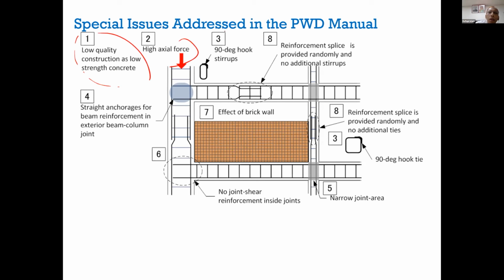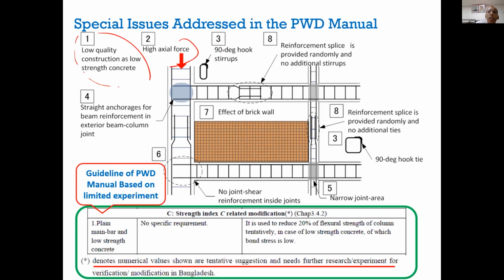Also, in many existing buildings the hooks are 90 degree, not what we follow at the present stage, the 135-degree hook. Also, the rebar is not anchored here; it is very straight, with inadequate anchorage. There is also infill masonry, which affects the performance of the frame.